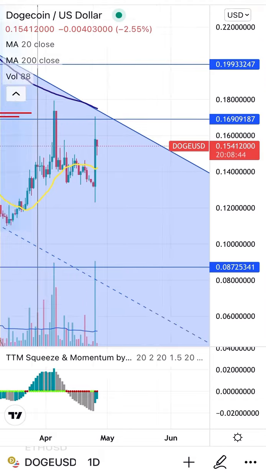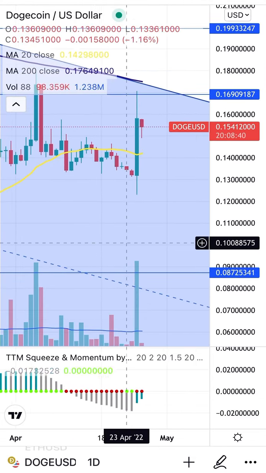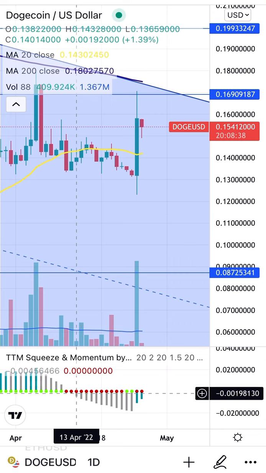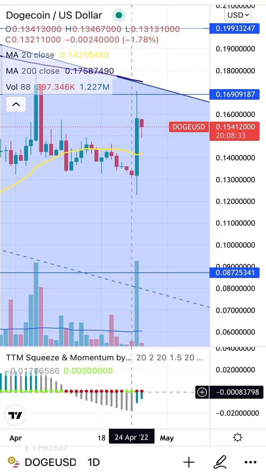Okay, so here's one right here. You can see down here, all the red dots, and then it starts turning green here. Momentum is starting to change a little bit.